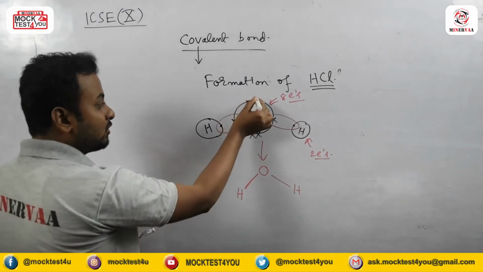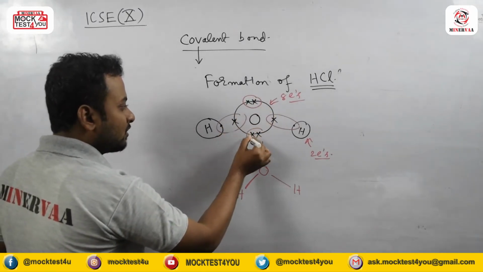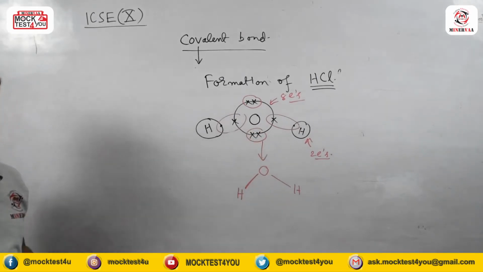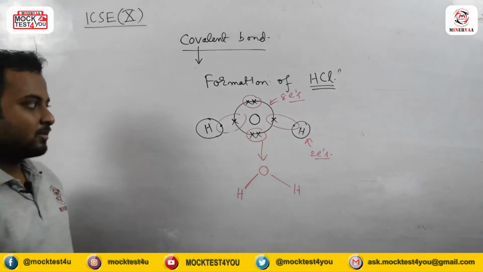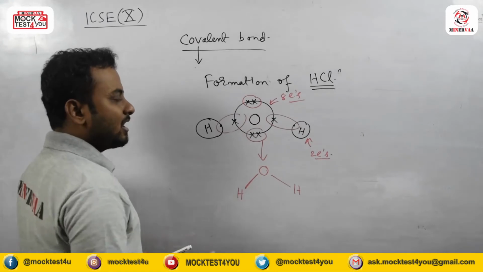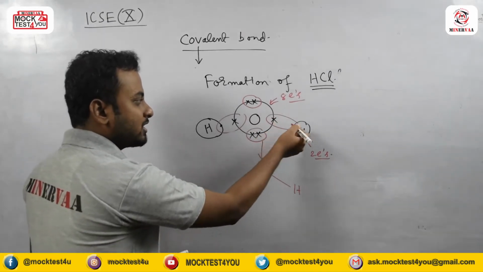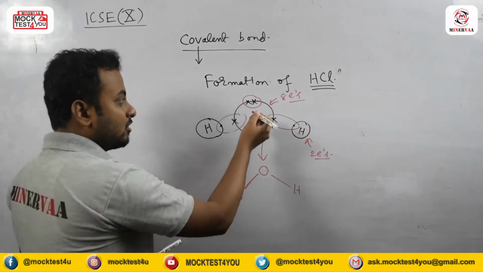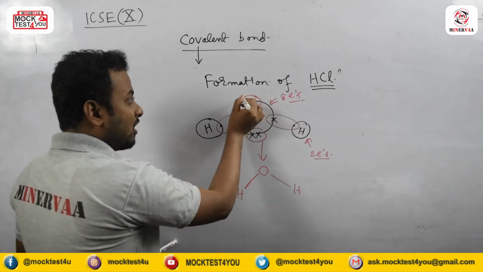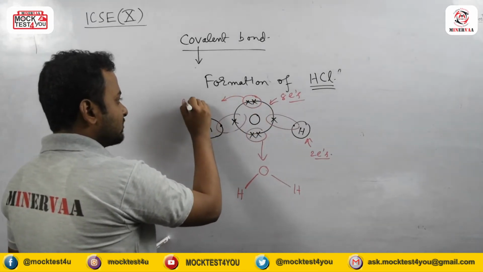But there are 2 electron pairs on oxygen which are not shared with hydrogen. Why are they not shared? Because they are not needed by hydrogen. Hydrogen only needs 1 electron to share. These are called lone pairs of electrons.